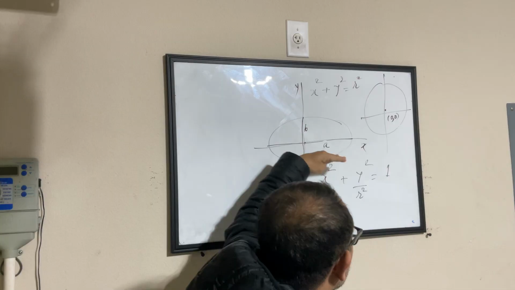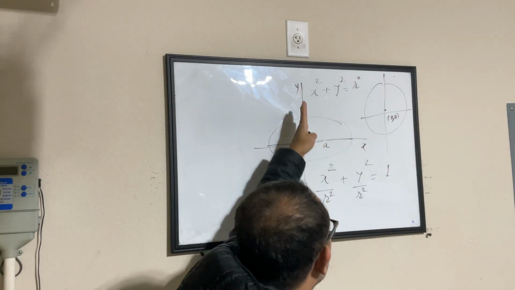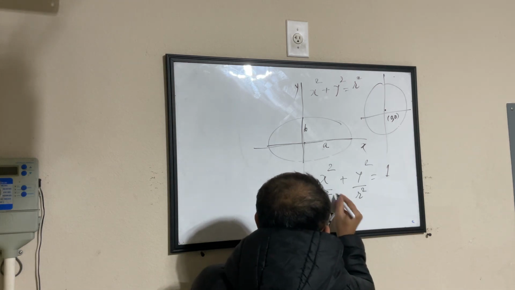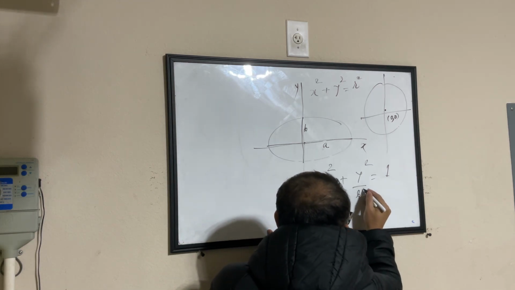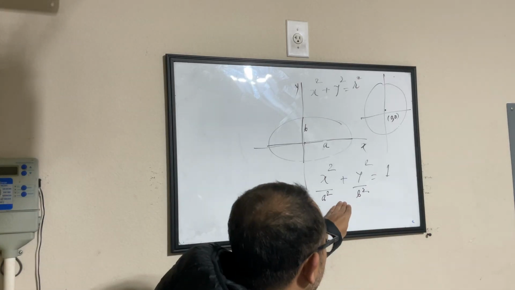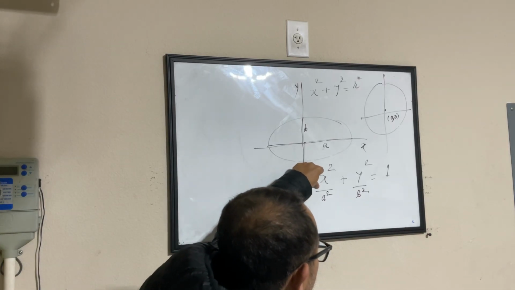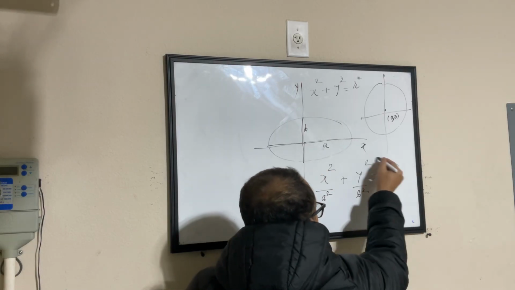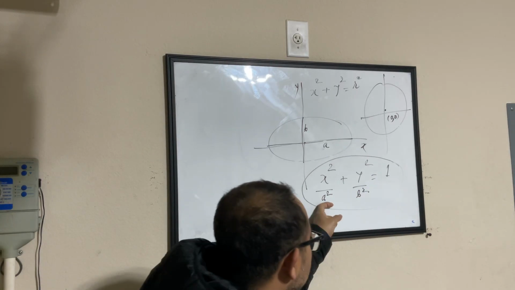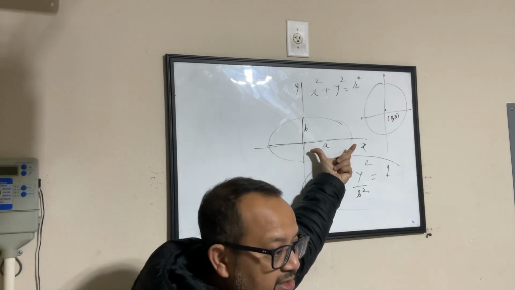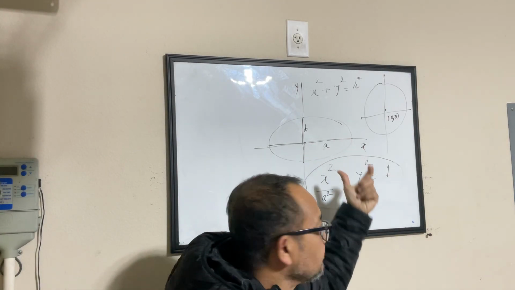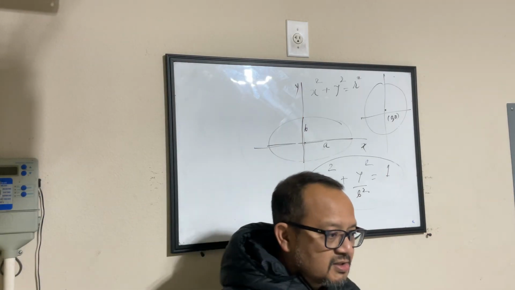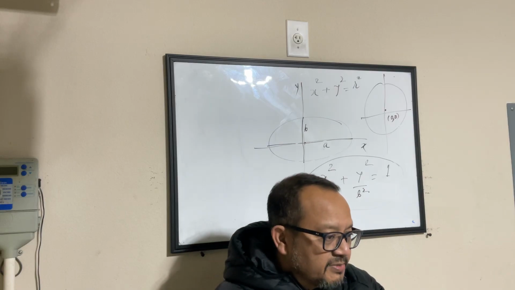Here you have two flavors of the radius, one along the horizontal axis and one along the vertical axis. So r square gets replaced with a square and b square. So this is x square by a square plus y square by b square, the standard form of the equation for an ellipse, where a is your horizontal radius and b is your vertical radius. Is everybody with me?